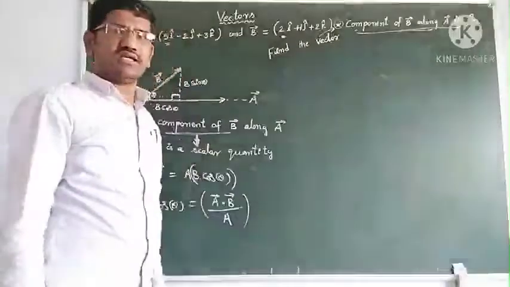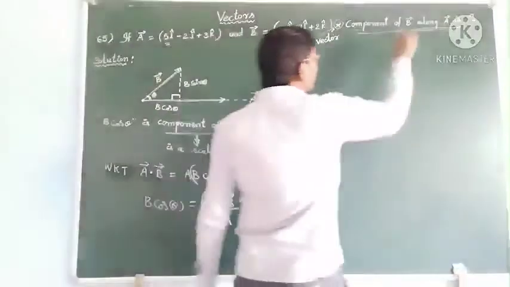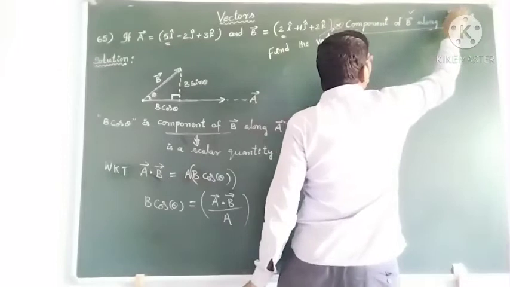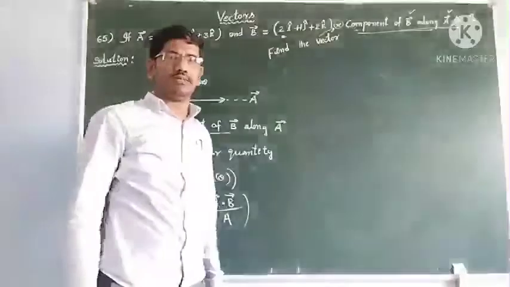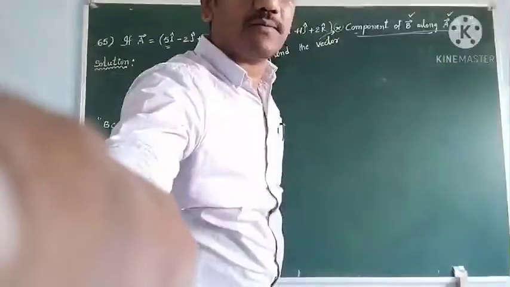They are asking to find the vector component of B bar along A bar. So we need to find the vector component of B bar in the direction of A bar.